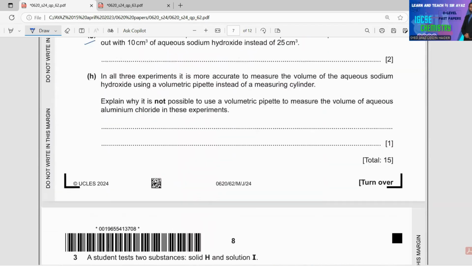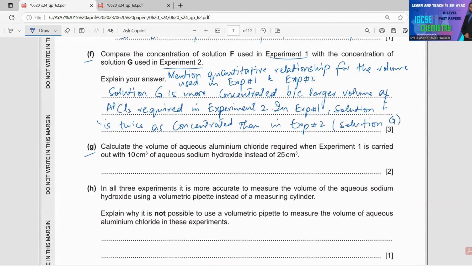So I will write, I'm showing the calculation here: 25 centimeter cube required 13.4 centimeter cube. Therefore, 10 centimeter cube required X. So X is equal to 13.4 multiplied by 10 divided by 25, which is 5.36 centimeter cube.